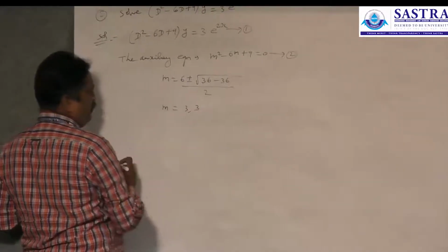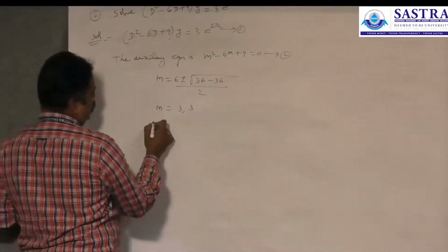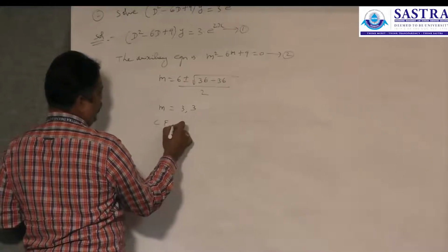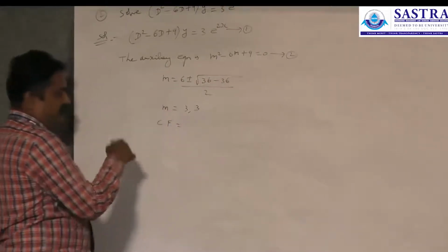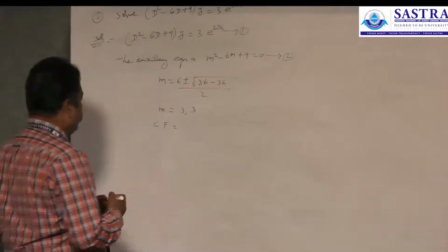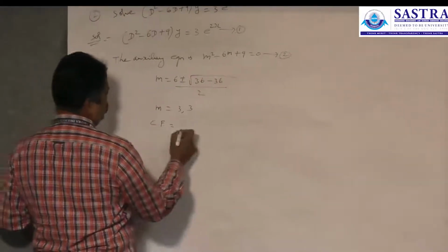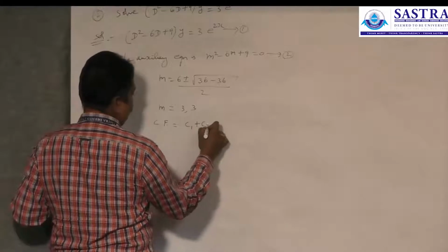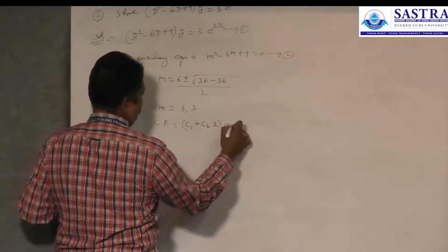The root 3 is repeated 2 times. Therefore, complementary function. Again, I am telling that here we have to write complementary function, we should not write y. Complementary function is equal to c1 plus c2x into e to the power 3x.